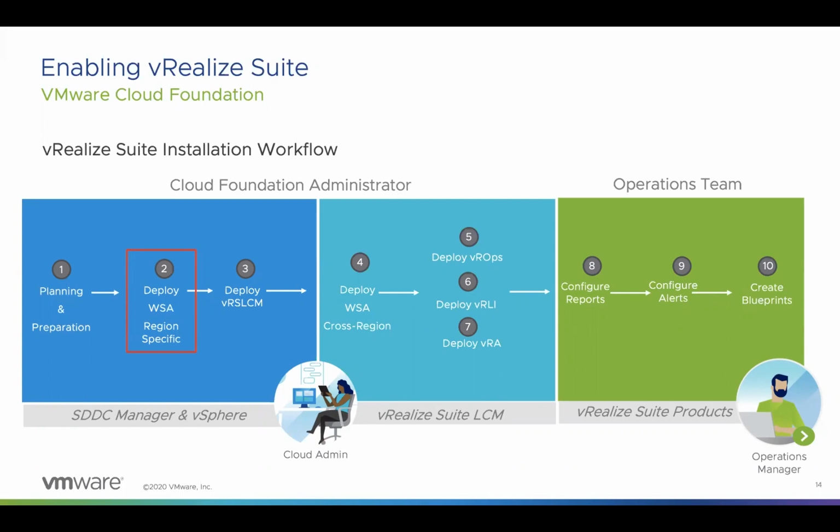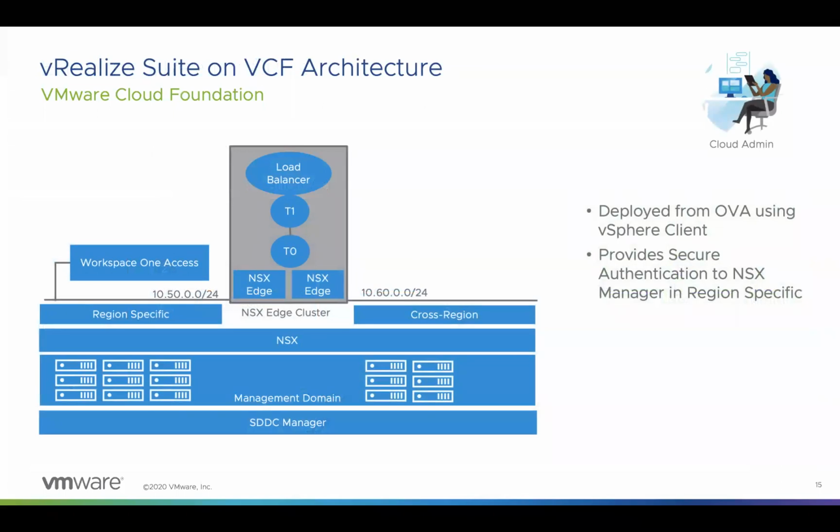Okay, so now we move on. Once the management domain bring-up is done, we deploy the region-specific Workspace ONE, which will provide role-based access control only for the NSX-T component. If the customer says they are okay with the local authentication of NSX-T, then maybe we don't have to deploy it.